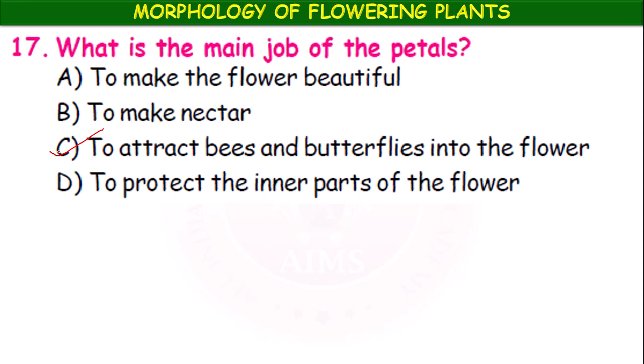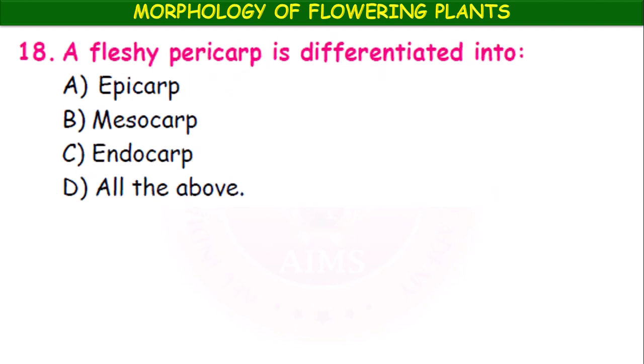Bees and butterflies are attracted only by the nectar, not the petals. The main function of petals is to protect the inner parts of the flower. The outer whorls, sepals and petals, protect the inner whorls, the male and female reproductive parts, that is androecium and gynoecium.